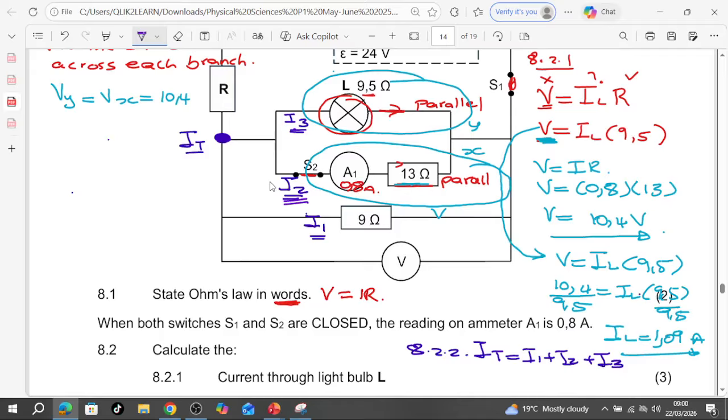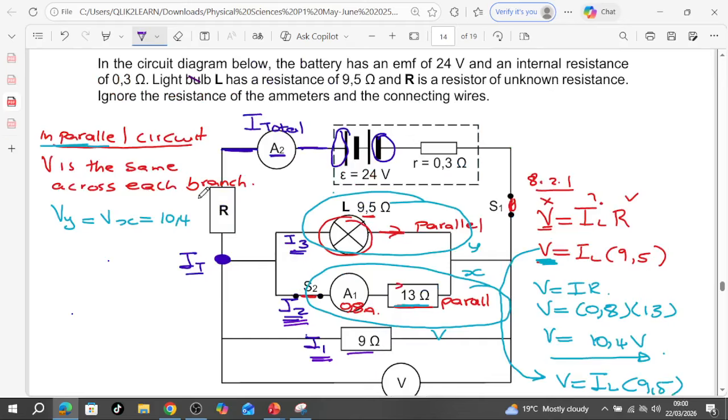First thing first, I need to find, you see, I get distracted. So let's start with the first current, which is for the 9 ohm resistor. Let's calculate the current for the 9 ohm resistor. Remember, we said the voltage is the same across each branch for parallel.